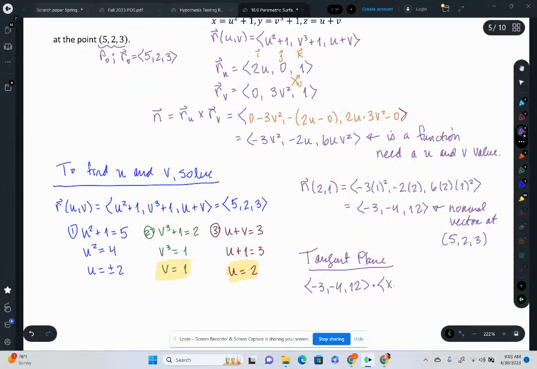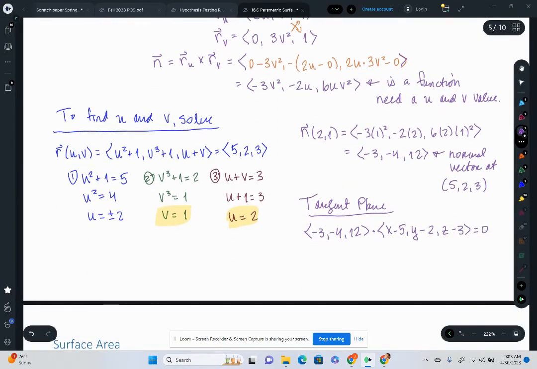So this looks like x minus 5, y minus 2, and z minus 3 is equal to 0. And we could go ahead and distribute, do the dot product, don't just leave it like that. So it's negative 3 times x minus 5 minus 4 times y minus 2 plus 12 times z minus 3 equals 0.